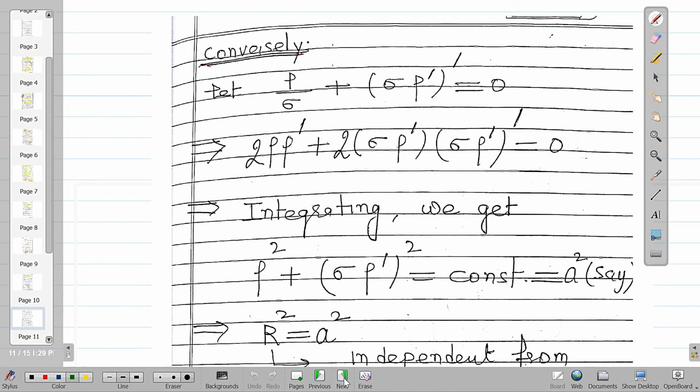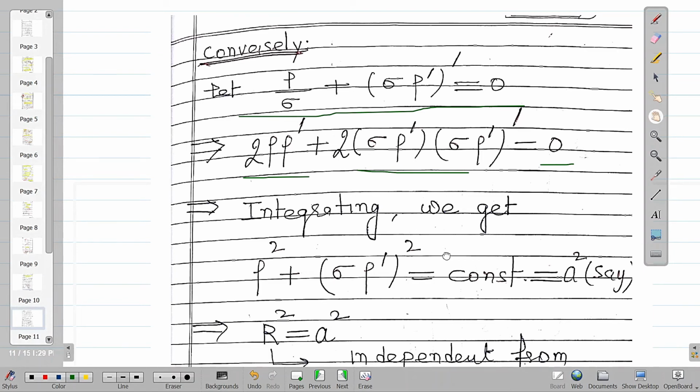Now the converse part. In the converse part, the given is this differential equation. Now this differential equation is given, then written in this form and integrate. So in order to integrate, what do we get?